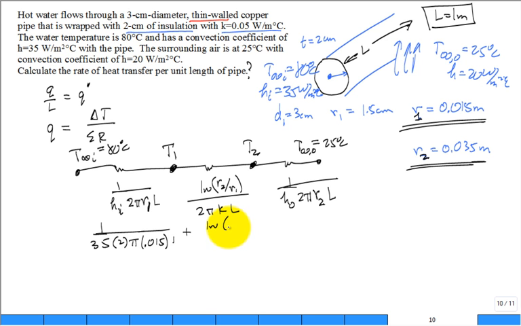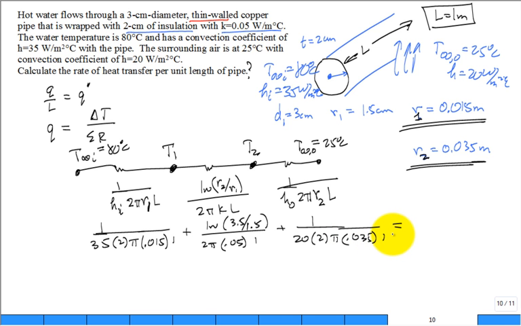You can put centimeter over centimeter at this point, or you can put 0.035 divided by 0.015, that'll work. Divided by 2 pi, the k, the thermal conductivity of the insulation, 0.05, and the L of 1. And then we're going to have 1 on the convection on the outside. That's 20 times 2 times pi times 0.035 times 1. And we sum that up.